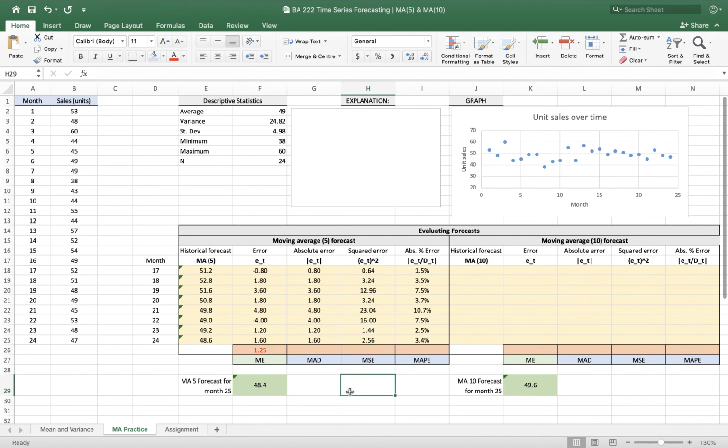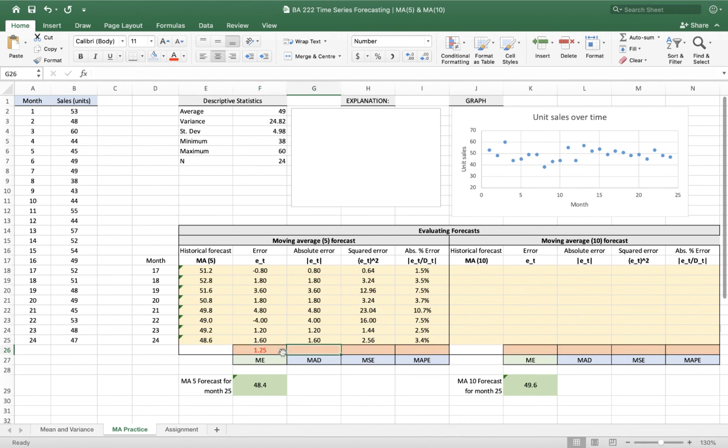If our mean error is 0, it tells us that we overestimated and underestimated about the same amount of times, and the magnitude of those over and underestimations are balanced such that it averages out to 0. When we have a mean error of 1.25, that means that on average, it's positive. So on average, we overestimated by about 1.25 units. We can interpret that as saying that our forecast is slightly biased. It's likely to overestimate rather than underestimate.